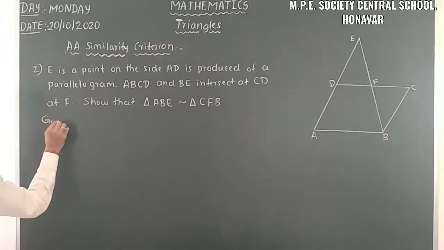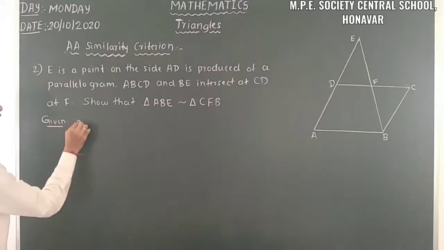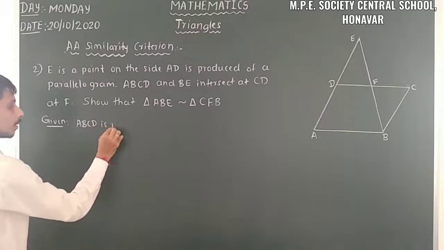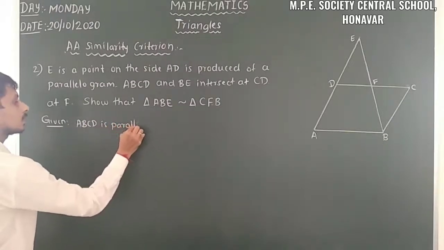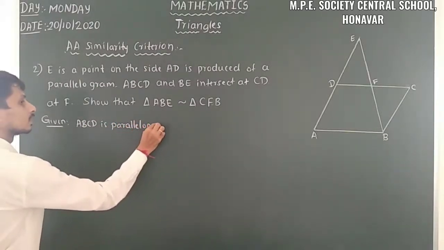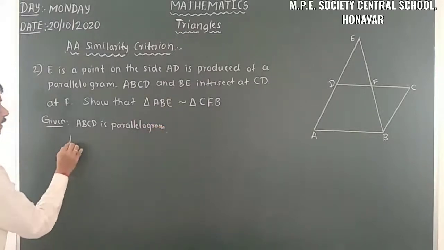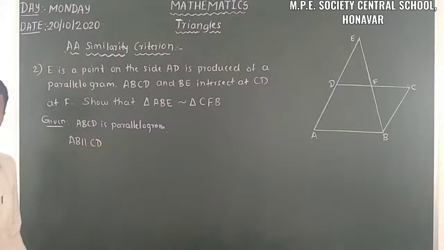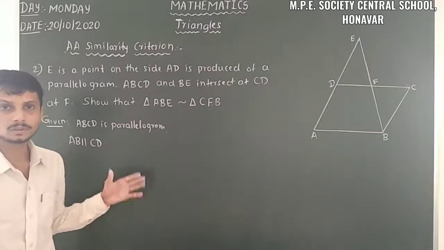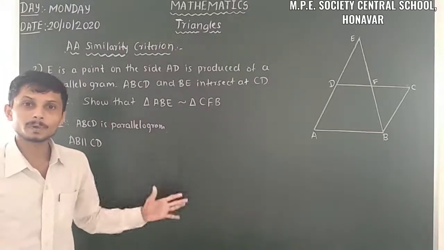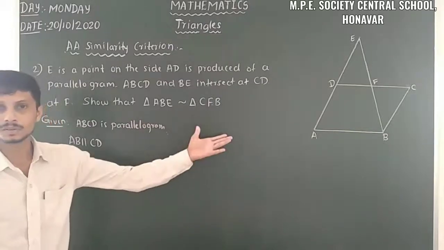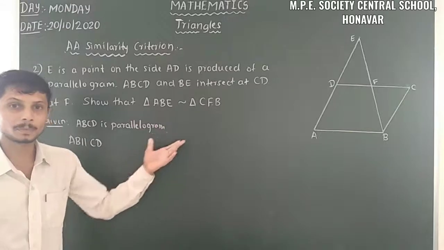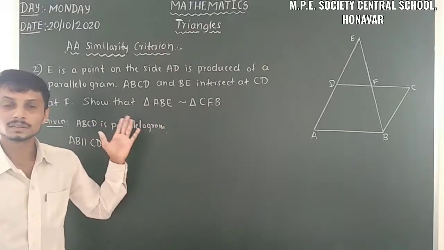That is given: ABCD is a parallelogram. In a parallelogram we can take that AB is parallel to CD. So we have the properties of a parallelogram, and we have to use all of them in this proof.